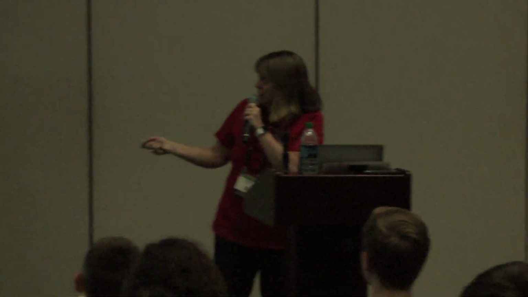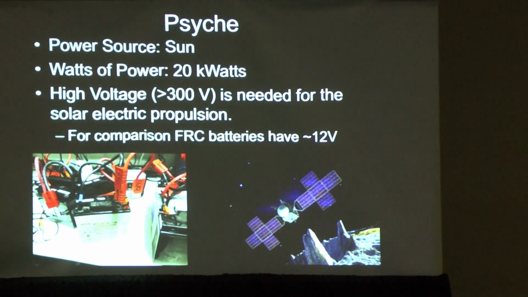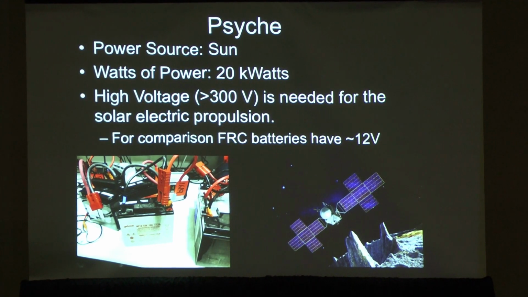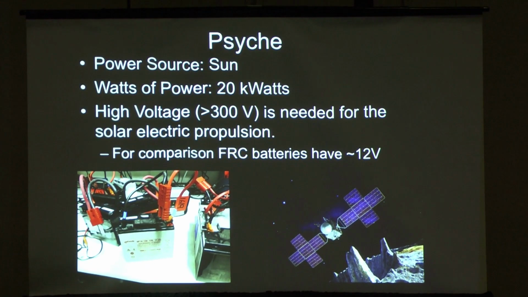And it's very high voltage. It's probably 300 to up to 1,000 volts for that solar electric propulsion. And I just wanted to make a comparison to what people are working with in this room. The FRC batteries have about 12 volts, and many batteries do. So we're talking about a very different power source here.